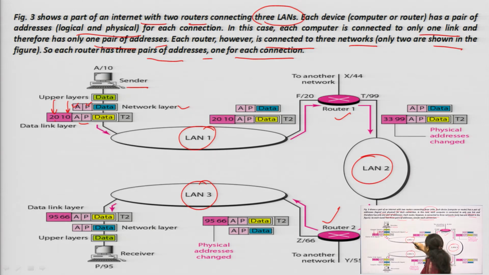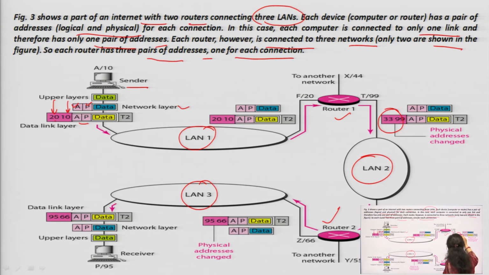Now, the data will be transmitted through this data link, through this LAN, and it has to be received at the router. The router itself has its own address, which has to be added together with the data. You can see that this has been received, and the address has been changed from 2010 to 3399.